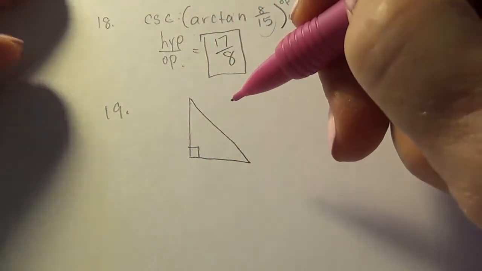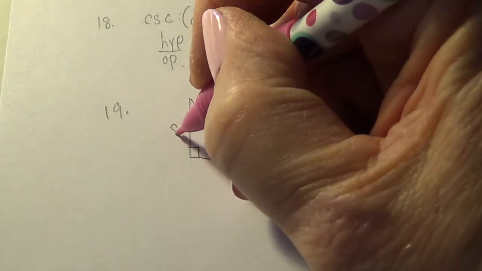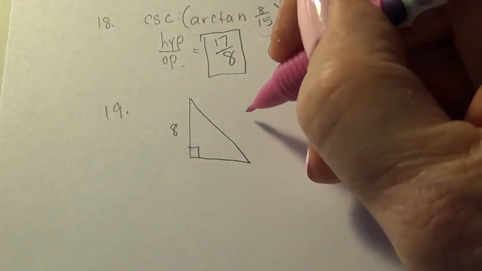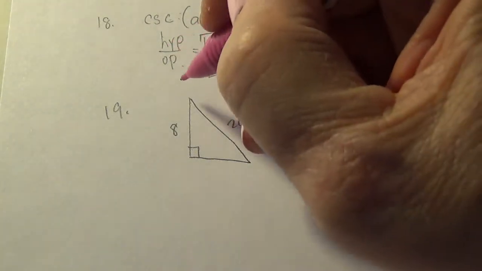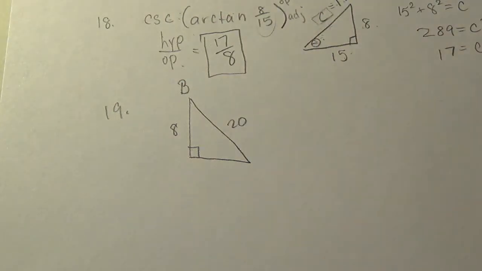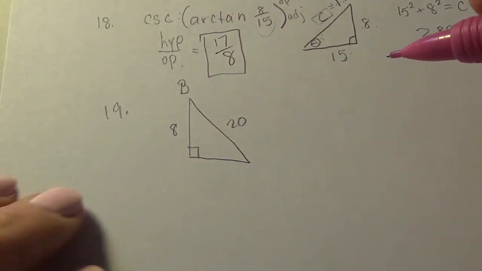Alright, next one. Number 19, you have the triangles already drawn for you. And again, if you don't have this handout, just go ahead and sketch it from what I'm doing. These numbers have already been assigned, and this is angle B. The question is: find angle B to 2 decimal places.